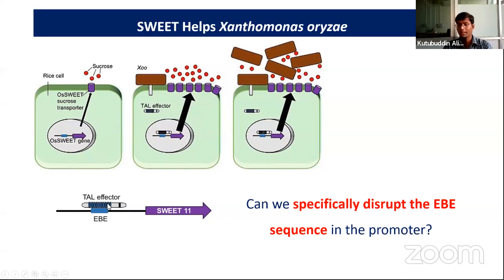So now the question is, can we specifically disrupt the effector binding element in that promoter, that EBE sequence, so that the TAL effector will no longer be able to bind? And if it does not bind, then the SWEET gene would not be expressed in a higher amount. So the Xoo would not be benefited. That's the hypothesis, okay? So the question is, we have to selectively disrupt that sequence in the promoter.